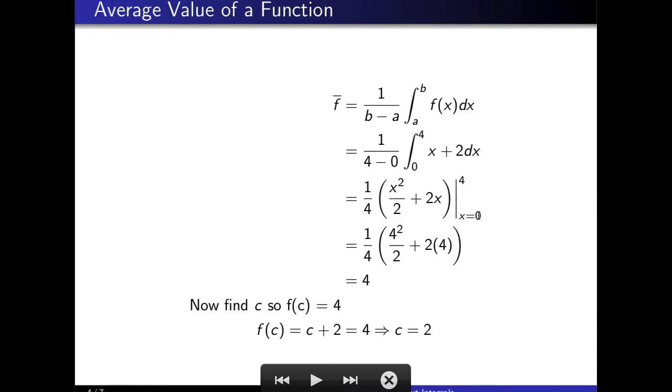When we evaluate this at x equals 4 and simplify, we wind up with 4. So the average value for this function is 4. So again, if you wanted to draw a rectangle over the interval 0 to 4 that had the same area as our function over the interval 0 to 4, you would put the height at 4. And now we want to find the c so that f of c equals 4. So we'll set f of c equal to 4, and solving for c we get 2.